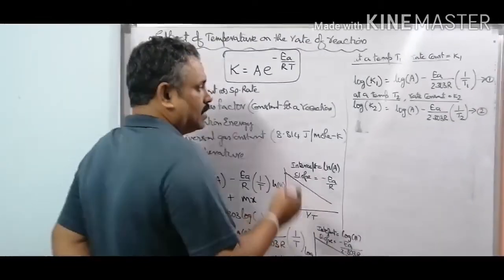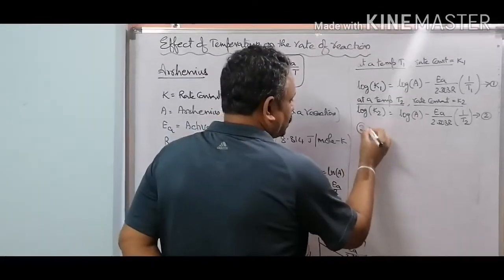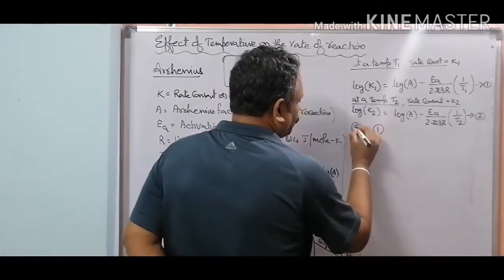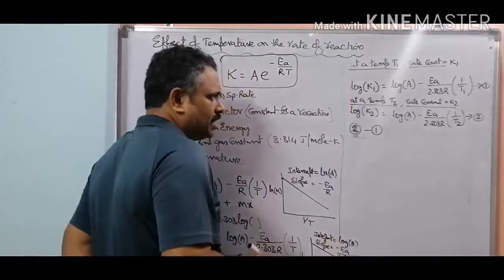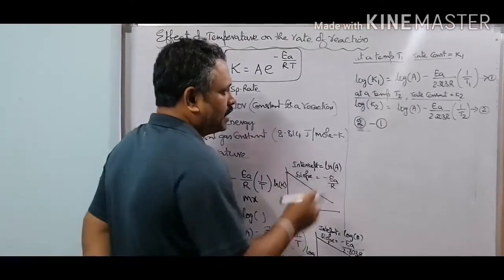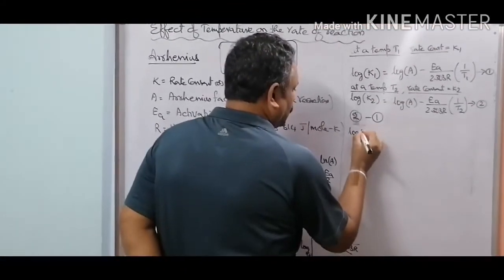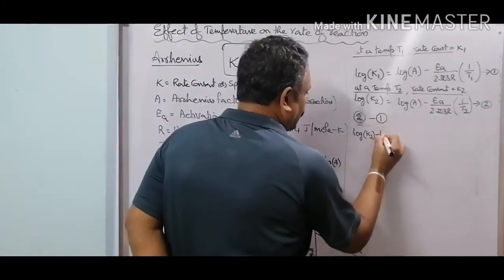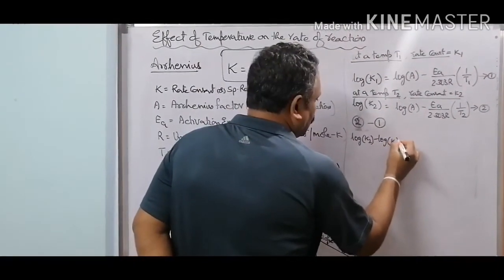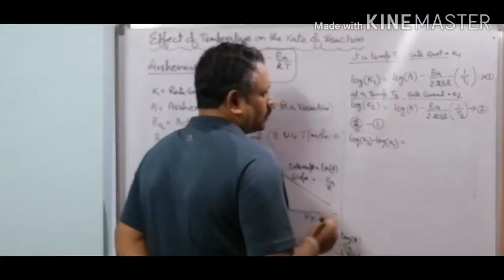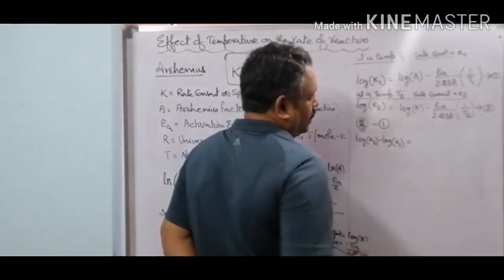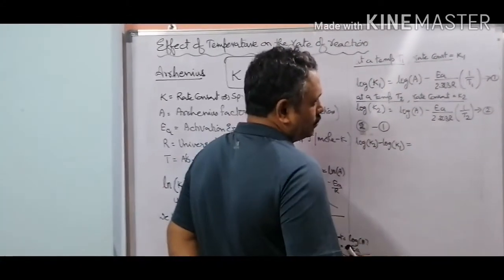So now let us take difference of the two equations, 2 minus 1, because we want to relate both the equations. Then how can you write it as log of K2 minus log of K1 on the LHS, which is equal to log A and log A subtracted, so it will be gone.